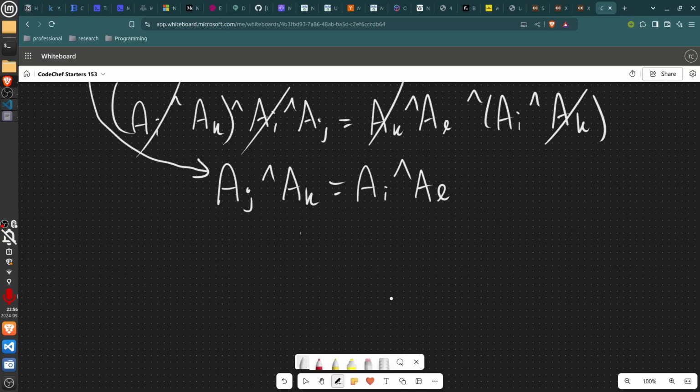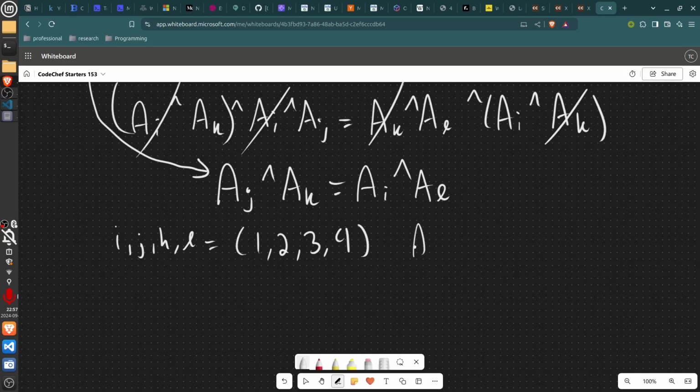Now the other thing to look at here is, let's say the index of the quadruple I, J, K, L is 1, 2, 3, 4. These are the indices. In this case, you know that these two XORs are equal.